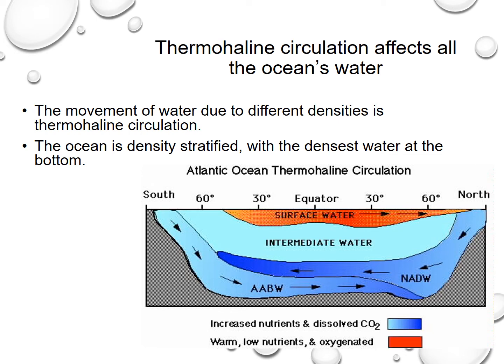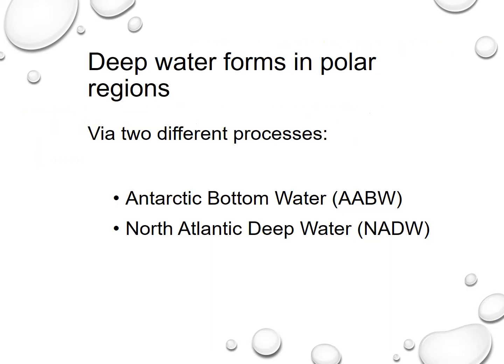And now we're going to be looking at the North Atlantic deep water and the Antarctic bottom water because they are forming via two different processes. Deep water forms in the polar regions, and there are two different processes. We're going to be looking at the North Atlantic deep water first, the NADW, and then at the Antarctic bottom water, the AABW.